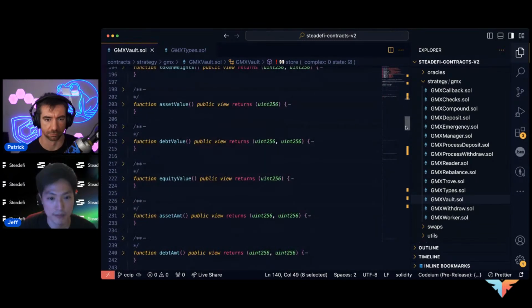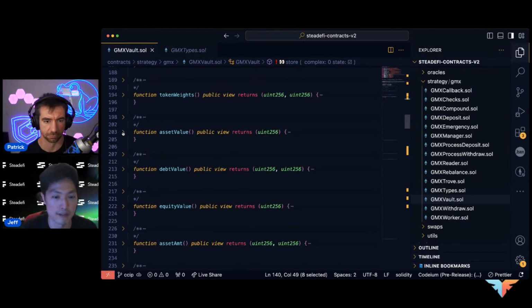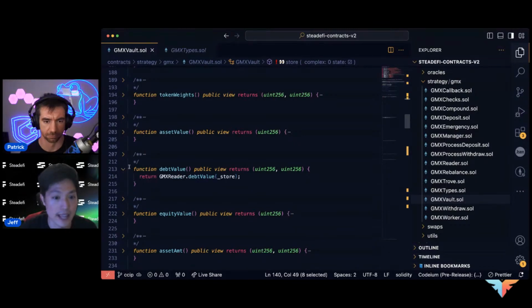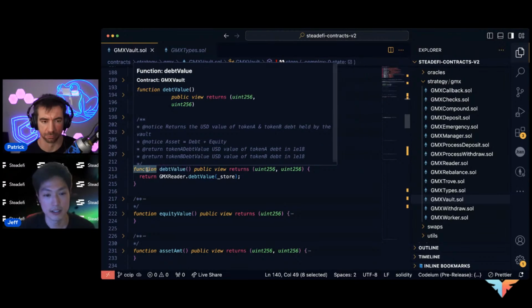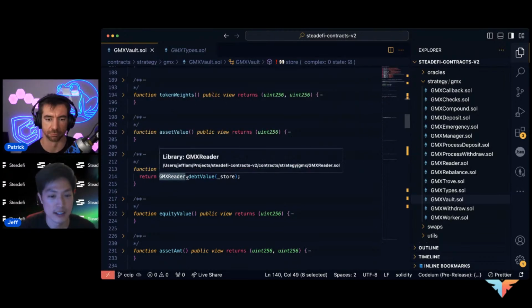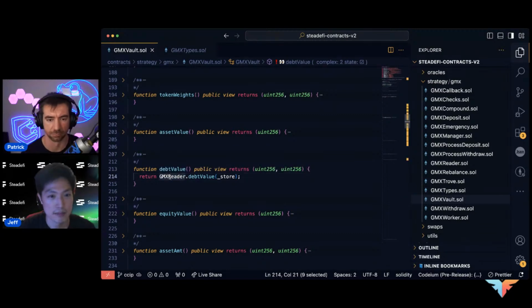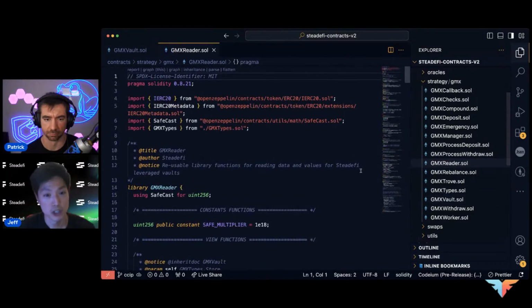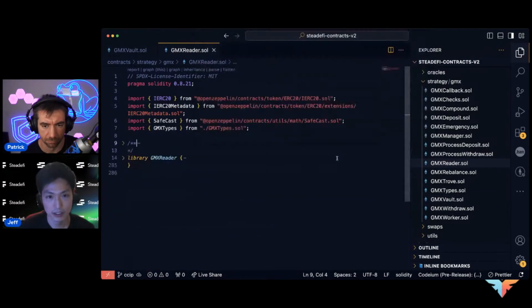So let's use a simple one. Let's say we want to find out what the debt value of this vault is. We have a function in this contract called debt value, but when we open the function, all it does is say, okay, you just want to read this, so let's pass this function to the GMX reader contract, which is all the read functions.